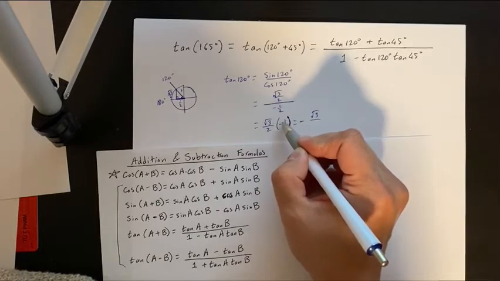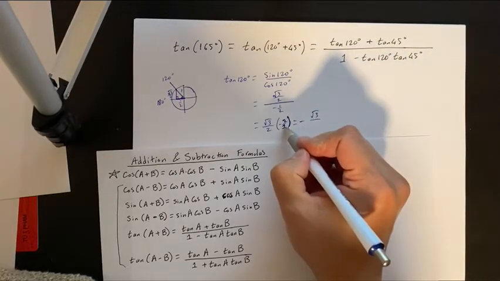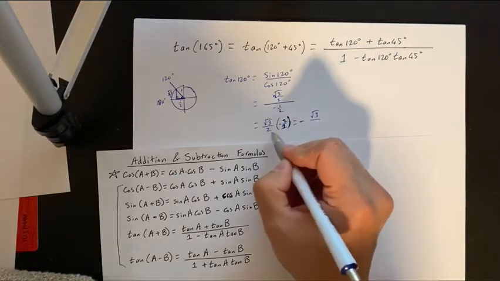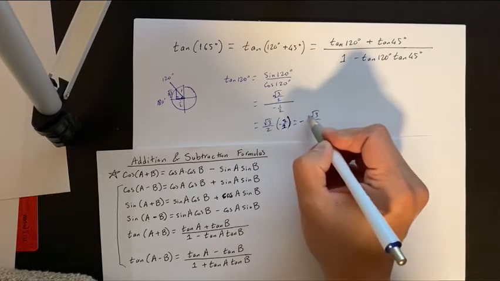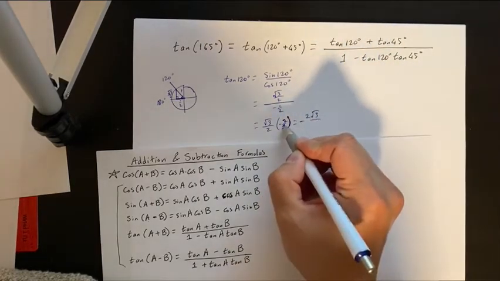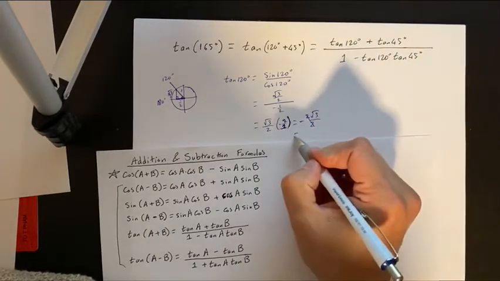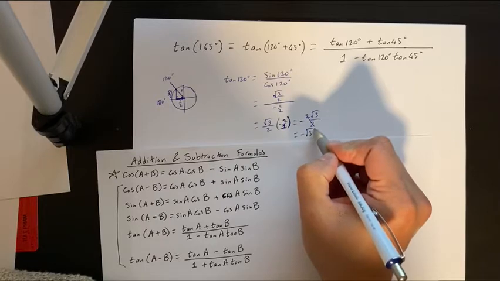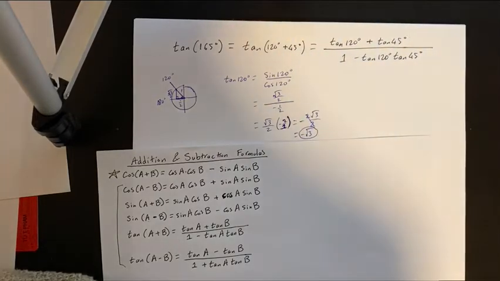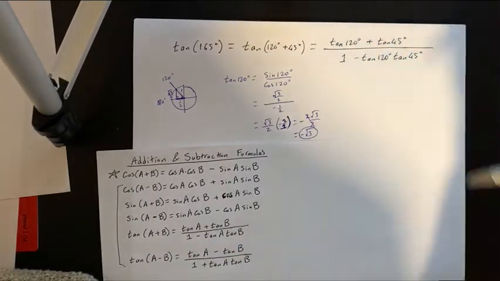So this is negative of 2 over 1. Okay, so let's do this again. So top with top, 2 root 3. Bottom with bottom, that's a 1. So 2 times 1 is a 2. And then you get to cancel out that 2. It's going to be a negative root 3. Okay, so that goes right there.